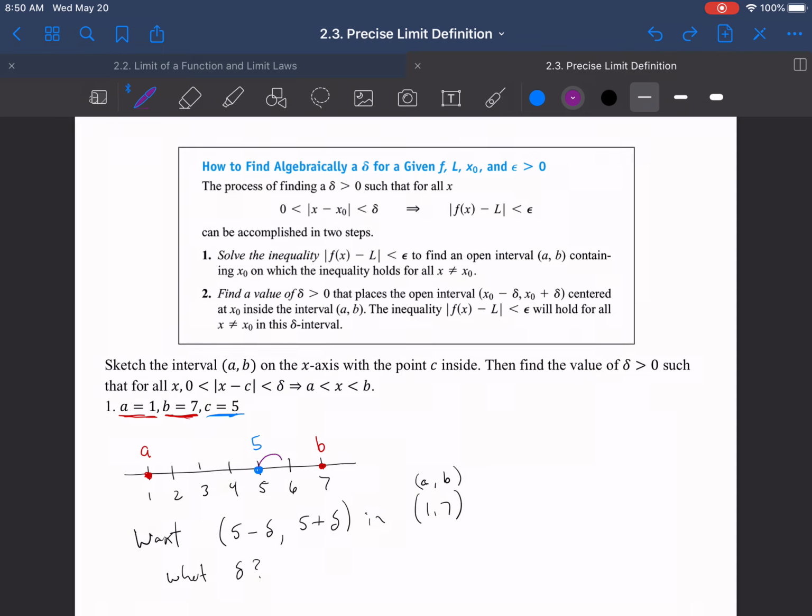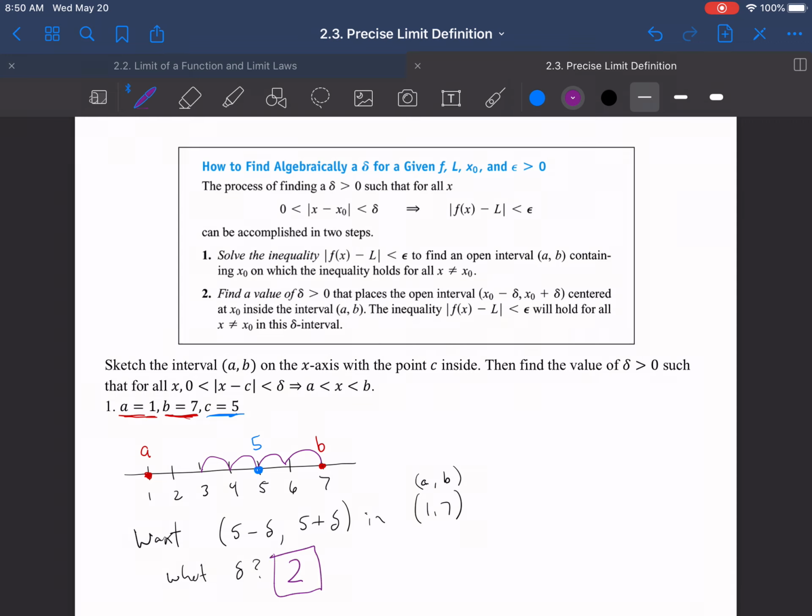We can go 1, 2 towards B, and that keeps us within B, and we can go 1, 2 towards A, and we're still within that range. So the maximum amount that we can move away from 5 is going to be 2.